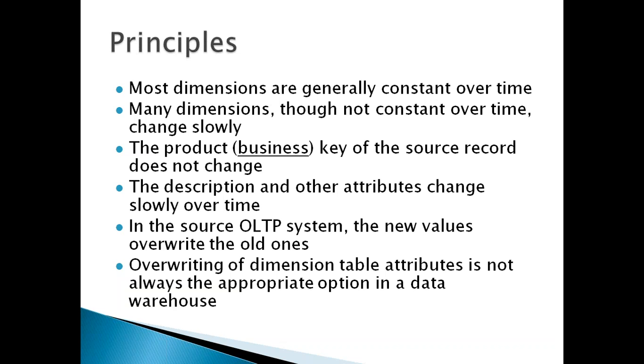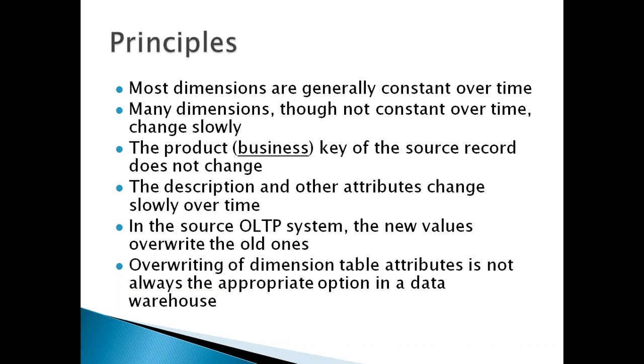The product key is nothing but your primary key or your business key. The key should not be affected whatever change you make to your table, and the description and the other attributes slowly change over time.